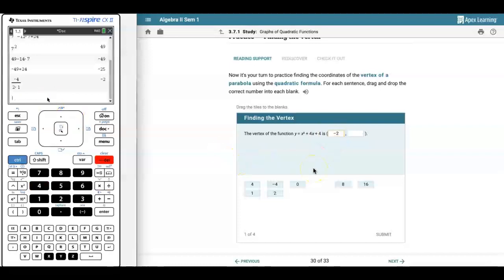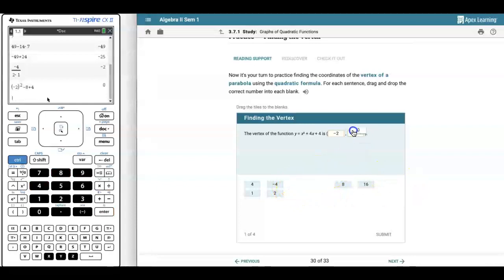All right, so I have negative 2 squared, minus, I know 4 times negative 2 is 8, right, plus 4. So I would be left with 0.